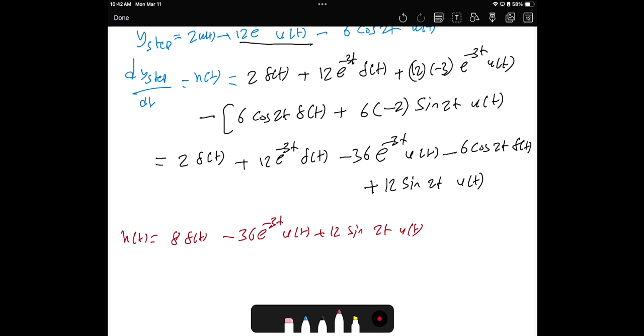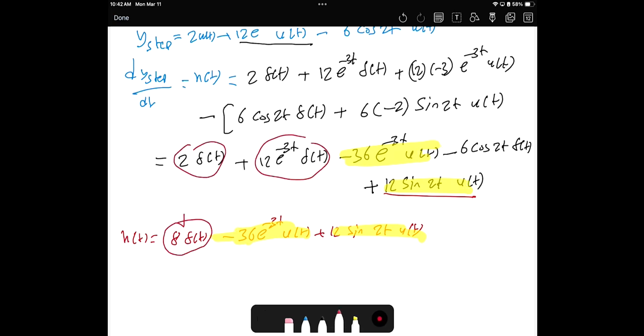The 12 sine terms are already here, there is no problem. The exponential term is good. The challenge is here in the delta. We have this delta, this delta, this delta. How can this be 8? What do you think? Any thoughts?